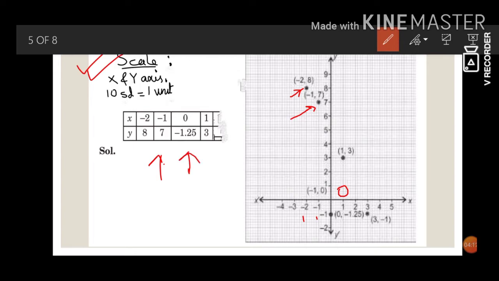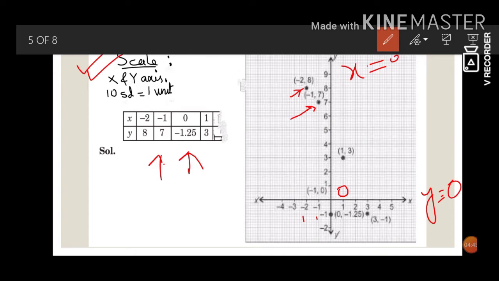Next we have 0 as the value of x, and we know that on the axes, the value of the other coordinate is 0. On the x axis y is always 0, and on the y axis x is always 0. So our point will lie on the axis, and you can see the value of y is minus 1.25.